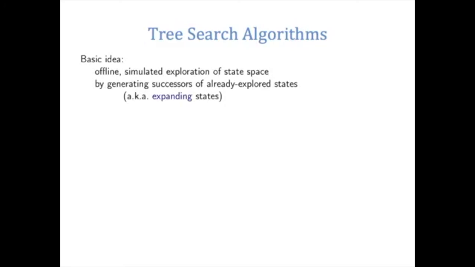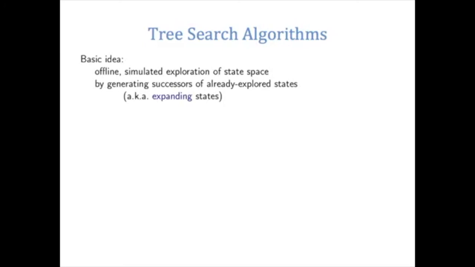We're going to solve it offline through a simulated exploration of state space. In other words, we know how the 8 puzzle works, and given a known initial state, we can figure out a solution without having to actually manipulate the tiles. And then once we have a solution, we can execute the solution with the tiles.